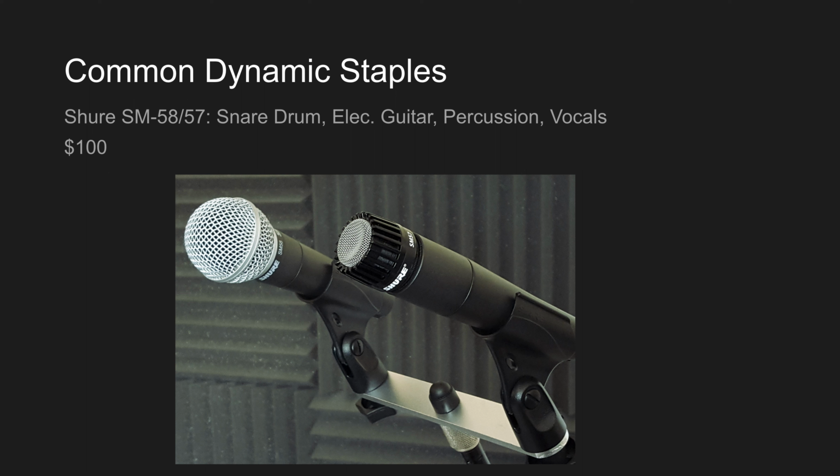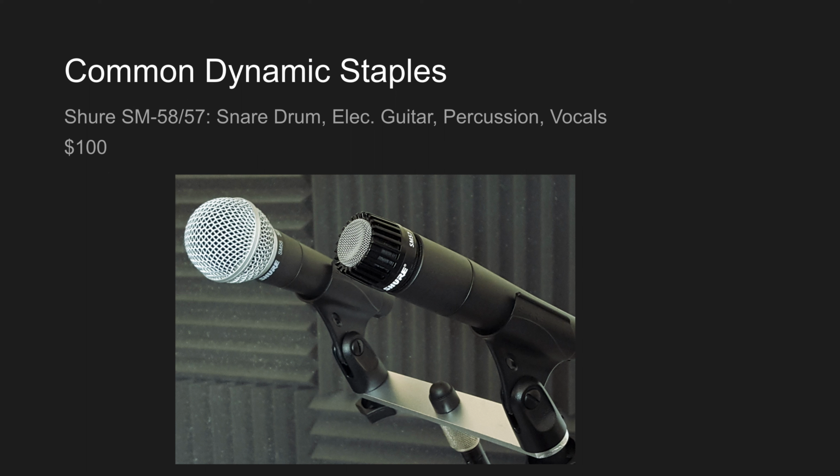So here's some staples. The number one, and I put this as kind of like a 1A, 1B, is going to be your Shure SM57, which is right here, and your SM58, which is right here. So SM58/57. Okay. Now, these are around $100 each.